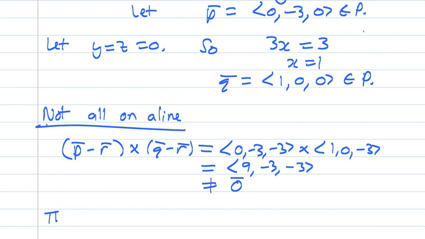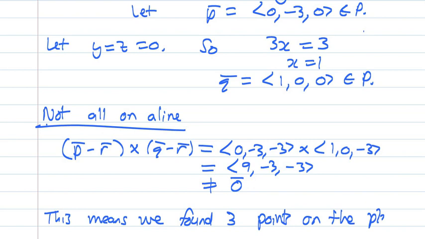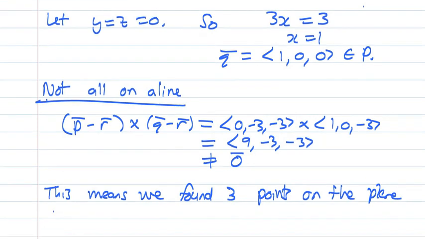This means we found 3 points on the plane, not all on the same line. If we were unlucky and we discovered 3 points on the plane on the same line, then we had to go and find a 4th point or a 5th point.